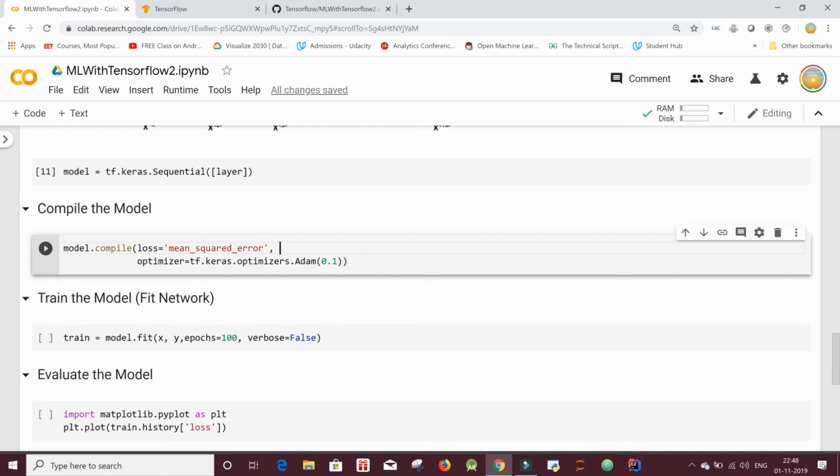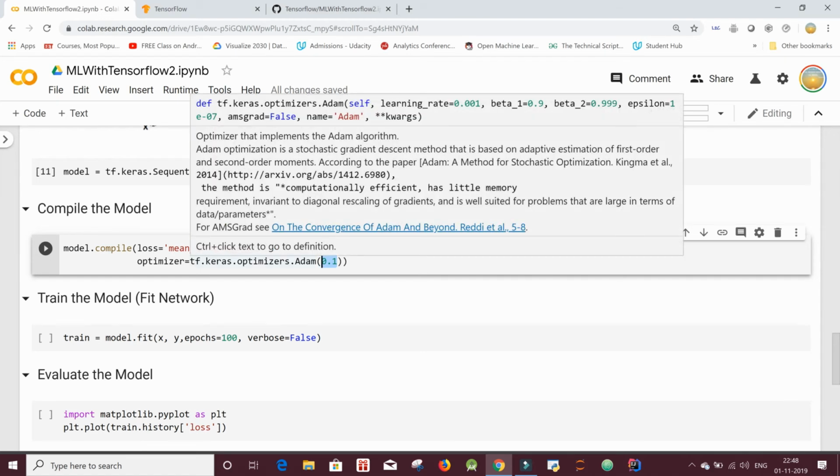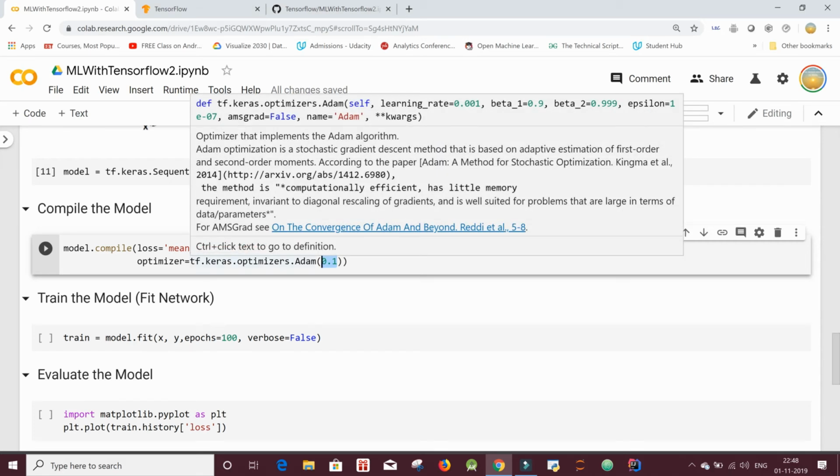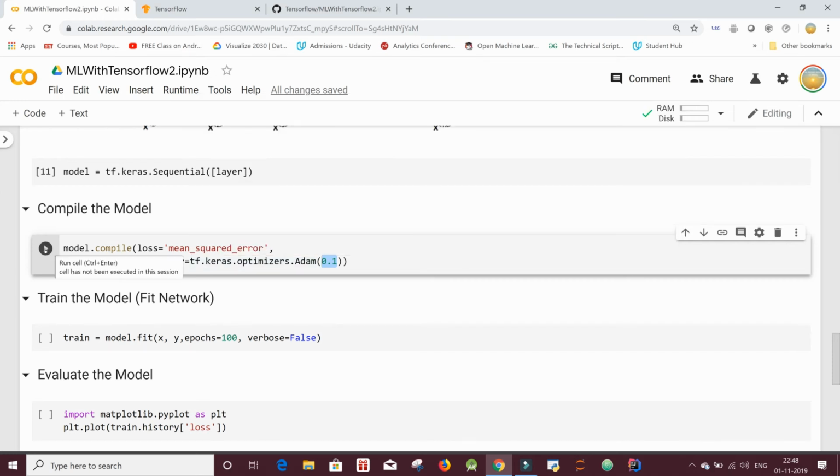And the learning rate I have taken as 0.1. We'll discuss more about this in the coming videos, so don't worry. You can also check out the documentation. You can go over the documentation with control plus click on the text, and then you will see it. So let me also run this.